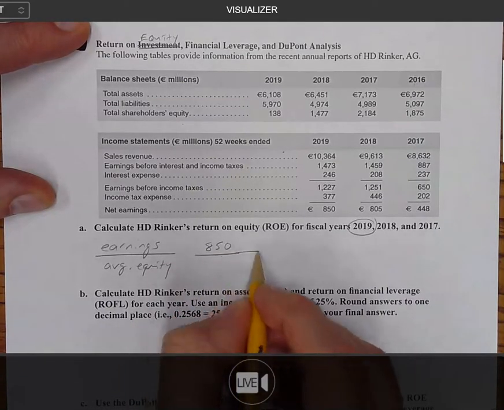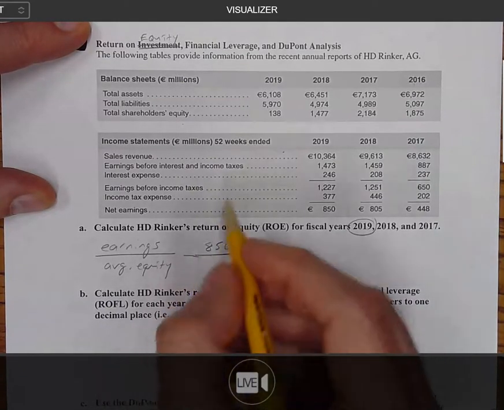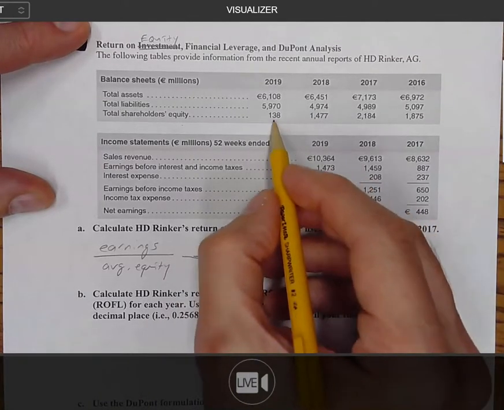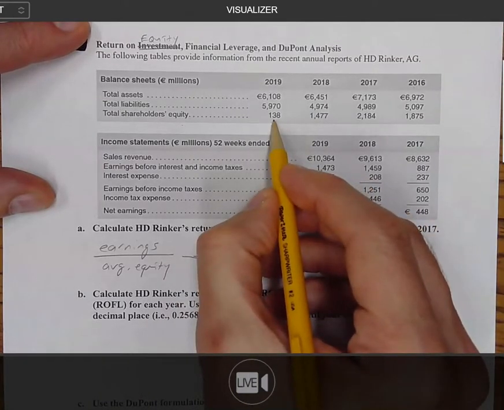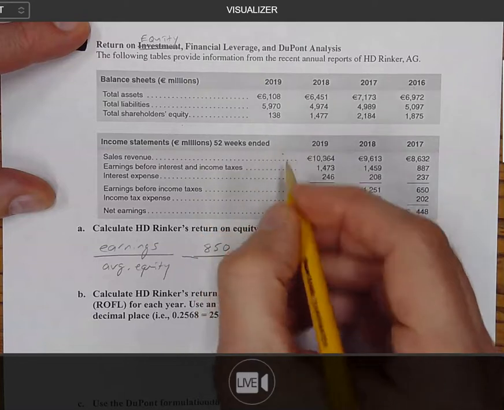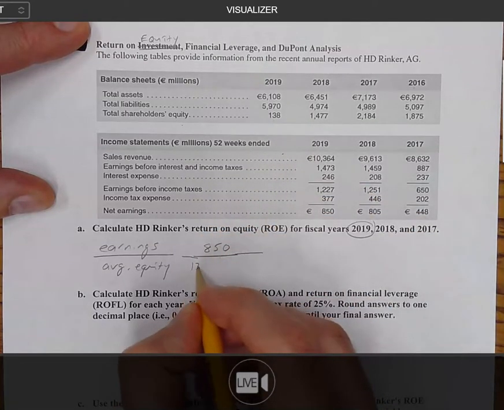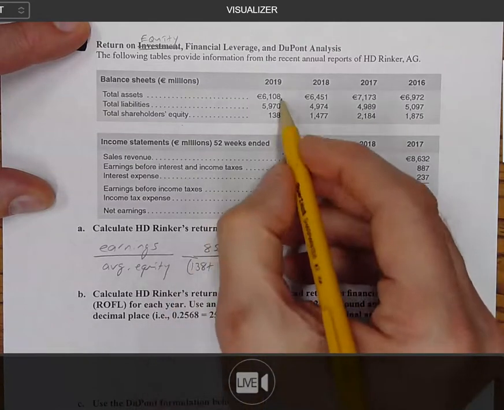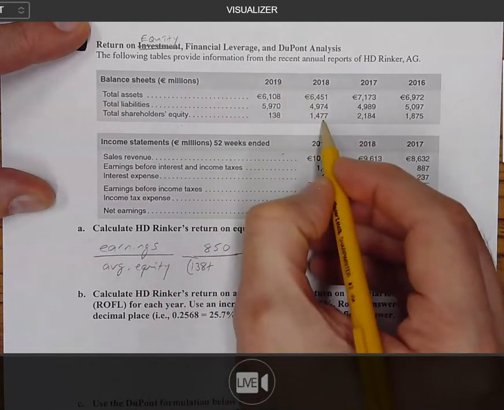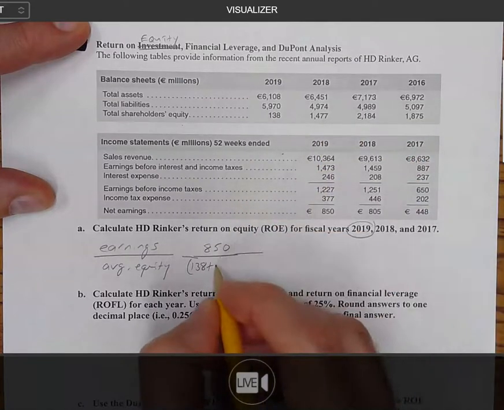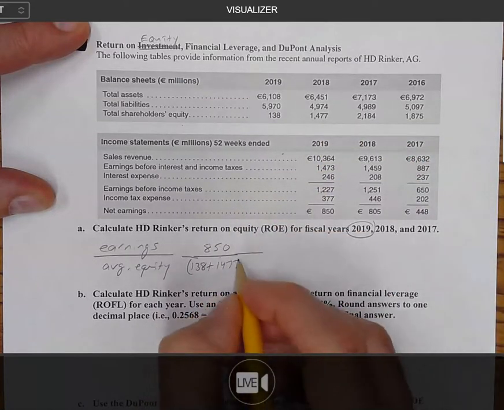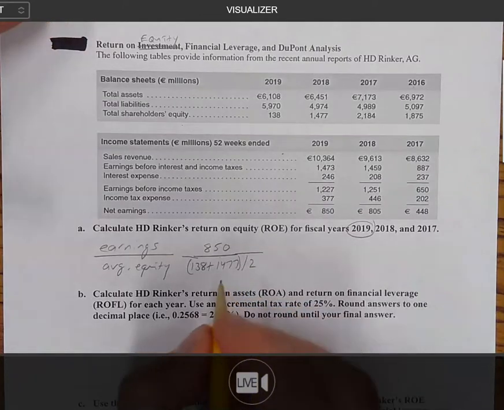And then we have to take our total shareholders' equity of 138 for 2019, and we're going to add to that 1477 from 2018, and then we're going to divide by 2.